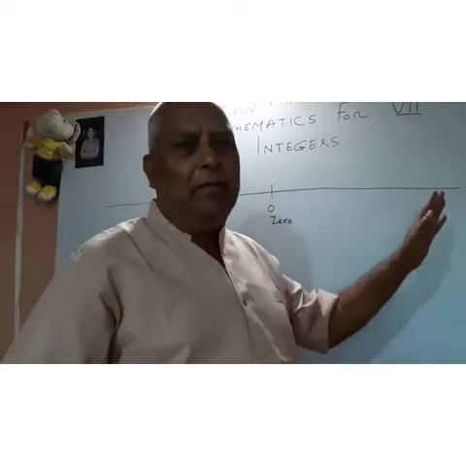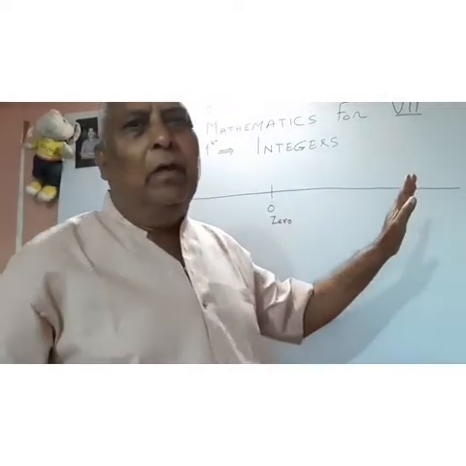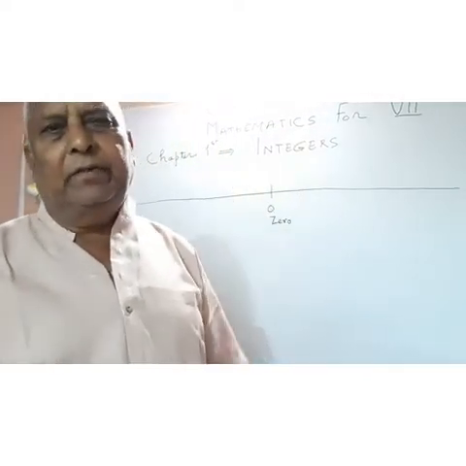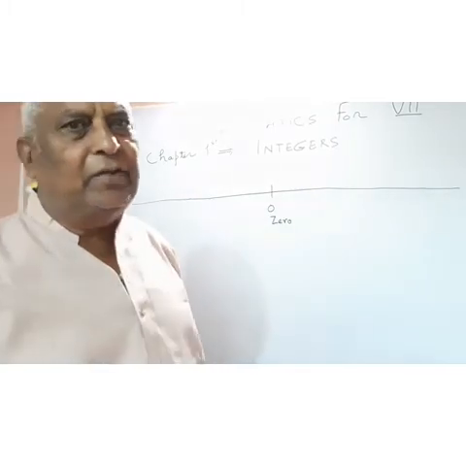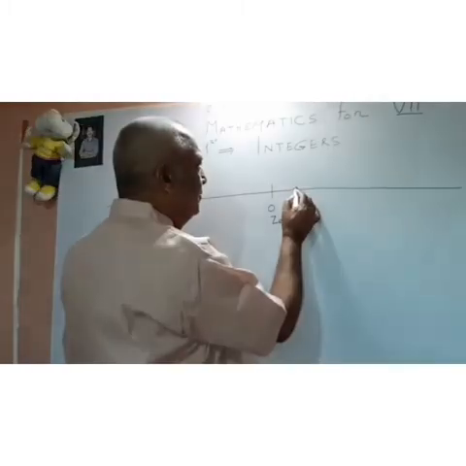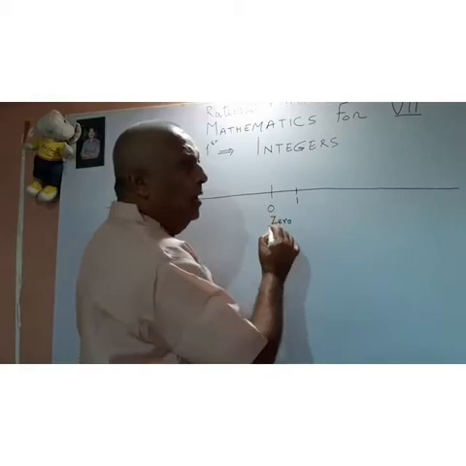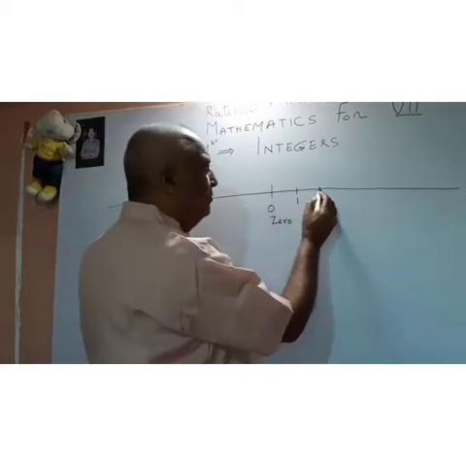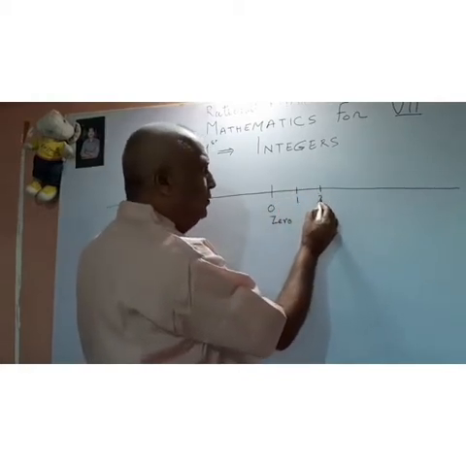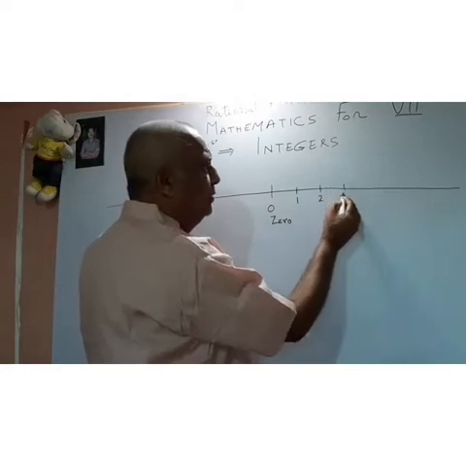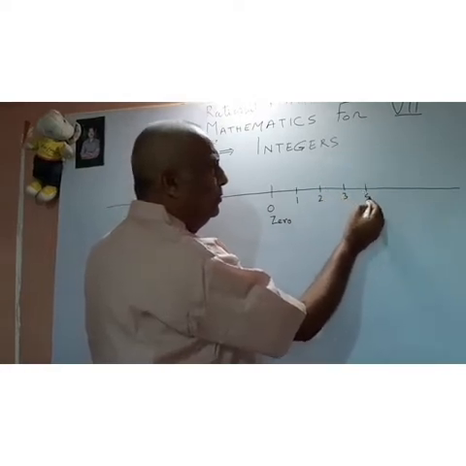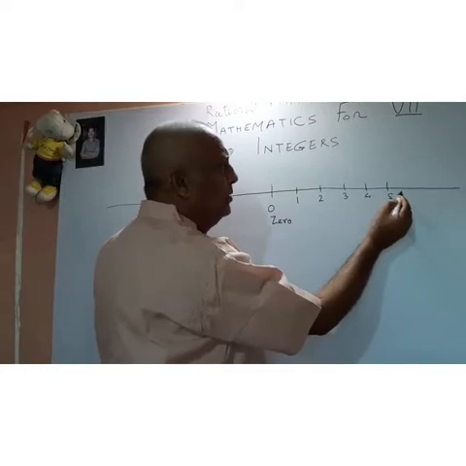Right to this 0 number, we get positive integers. At certain distance from 0 there is 1, and from the same distance there is 2, and so on, 3, 4, 5, and so on.